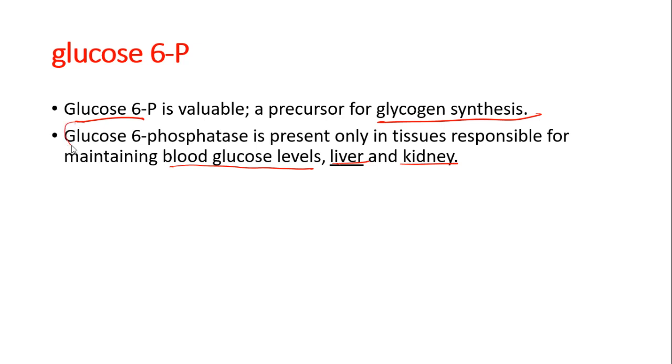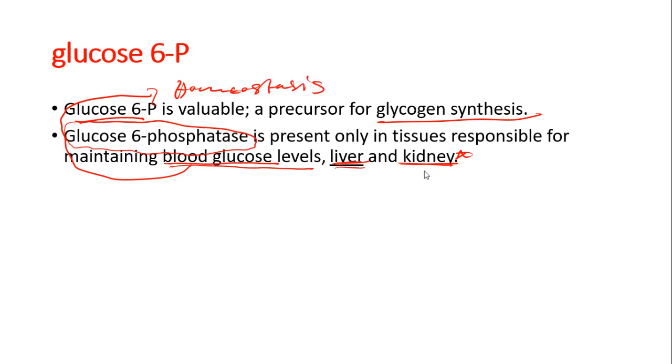So this enzyme can only be found in organs such as the liver and the kidney, and these two are responsible to maintain the what? The blood glucose. And this process of maintaining the blood glucose, we are simply talking about homeostasis.